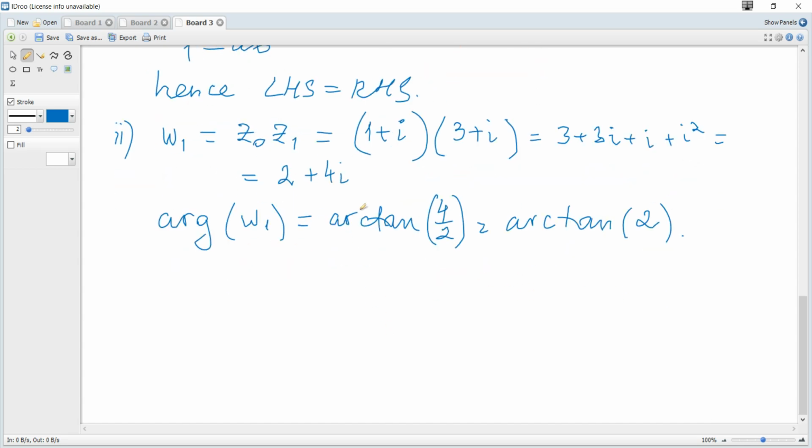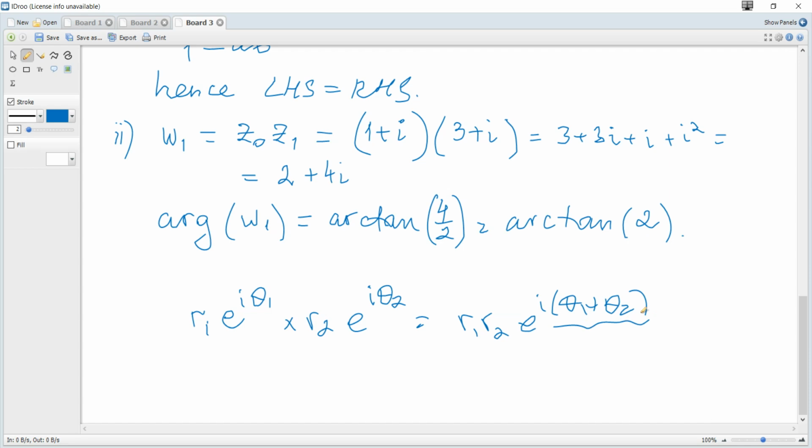Another way is the next. If a complex number is the product of two complex numbers, the argument is the sum of arguments. It becomes clear when we consider two complex numbers given in Euler's form: r1 e to the power of i theta 1 multiplied by r2 e to the power of i theta 2, and we can see that it becomes r1 r2 e to the power of i (theta 1 plus theta 2). So the resultant argument is the sum of arguments.